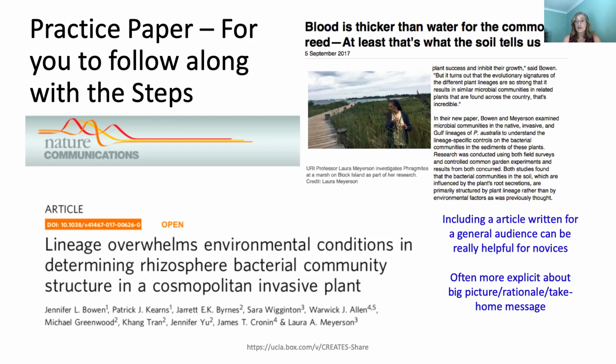With shorter papers, there's usually not enough detailed methods for students to get all the context, right? And longer papers may have lots and lots of different experiments, and you might not want the students to focus on each and every one of those experiments. So it's important that you spend some time and find papers that work for you. Okay.